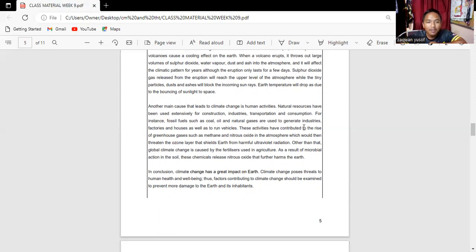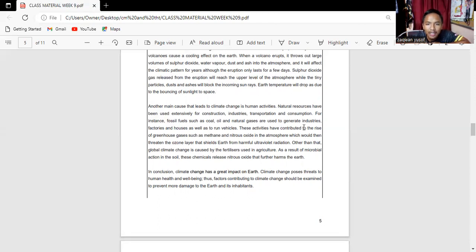Okay, for instance, fossil fuels such as coal, oil, and natural gas are used to generate industry, factories and houses as well as to run machines.